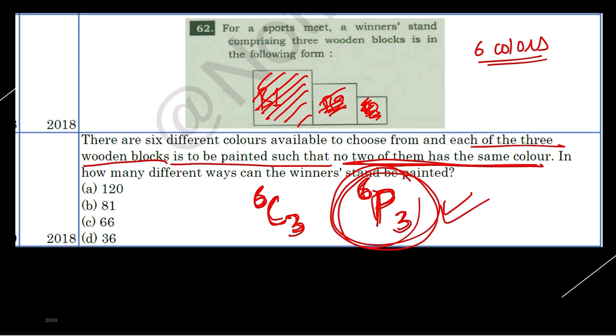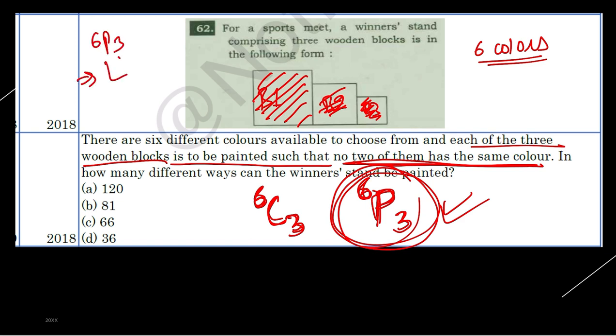Suppose they had simply asked, there are 6 colors available to you, choose any 3 colors of your choice, then the combination would have come up. But now choosing 3 colors is important, as well as their arrangement. So you will use permutation in this case. So the answer is 6P3.